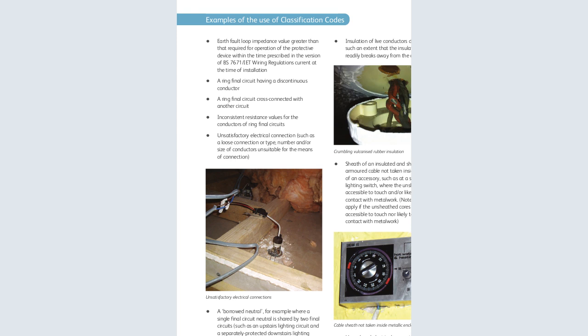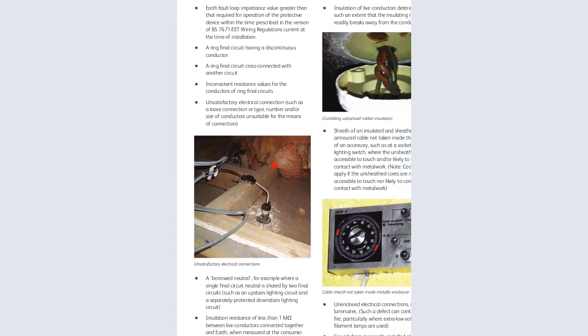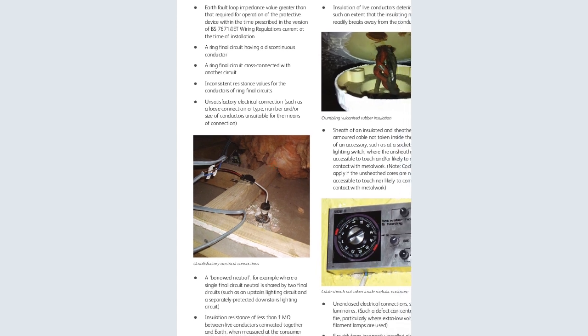Other examples: the earth fault loop impedance value greater than that required for operation of the protective device within the time prescribed in the version of the wiring regulations current at the time of installation. Also, we have to look at whether we are using a ring final circuit having a discontinuous conductor, or a cross-connection with another circuit, or an inconsistent resistance value for the conductors of the ring final circuit.